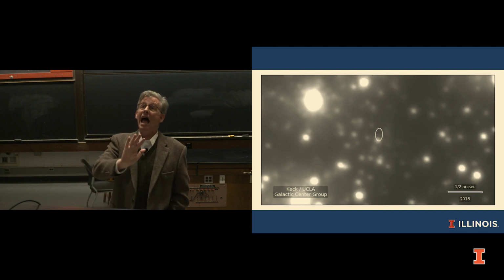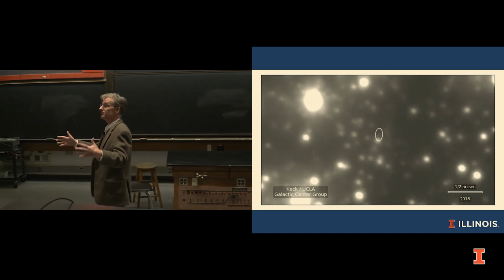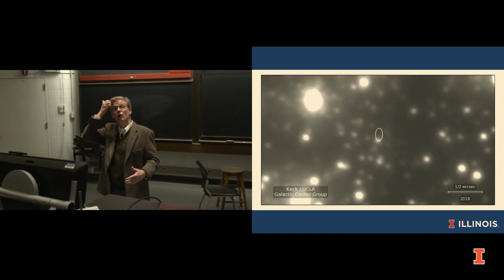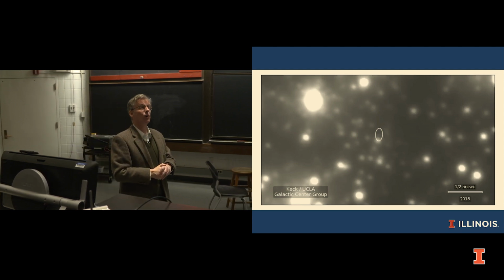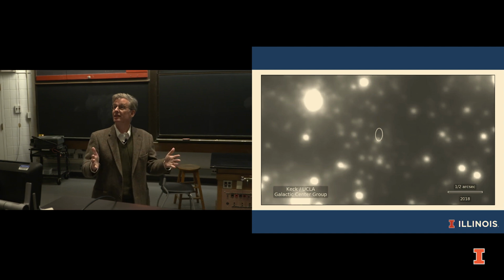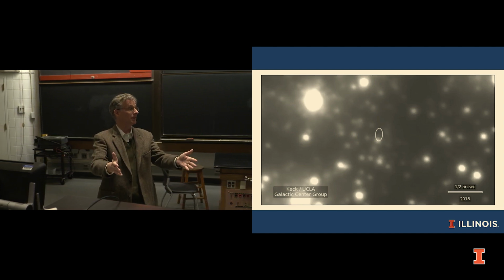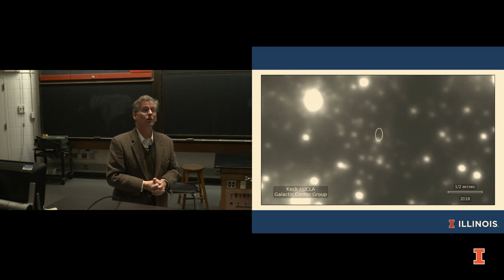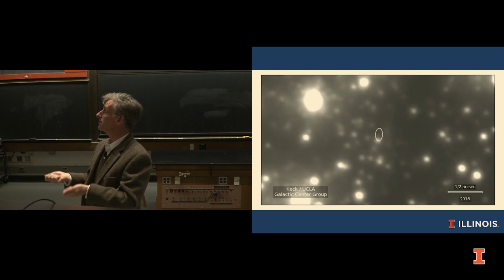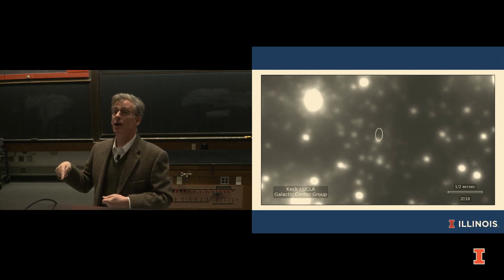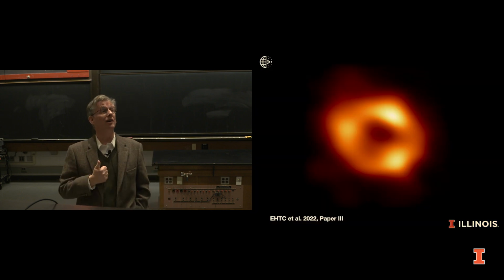And as I mentioned to you, the size of the black hole is proportional to the mass. So with the data from Genzel and Ghez, by monitoring these stars, we're able to predict exactly what the mass of the black hole is, and therefore what the angular size of the black hole should be. Okay, so we had a very clear expectation going into these observations of how big that donut should be on the sky. And that was exactly what we saw.